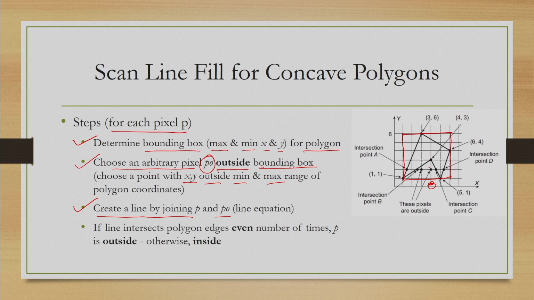So, we create a line between the pixel of concern and the point that is outside the bounding box. In the final stage, we go for some checks. If the line intersects the polygon edges an even number of times, then p is outside, otherwise it is inside.